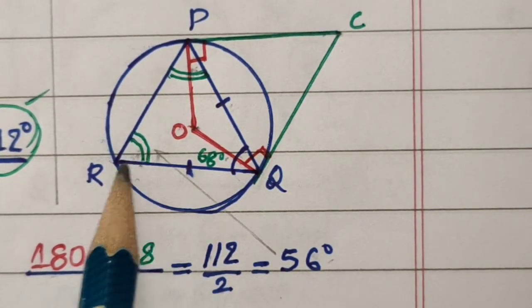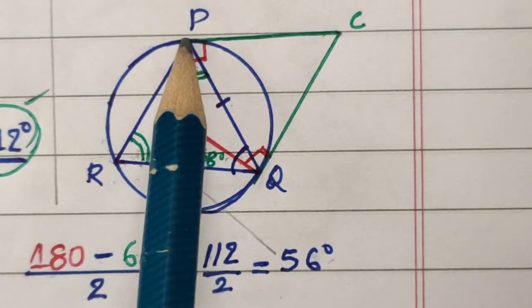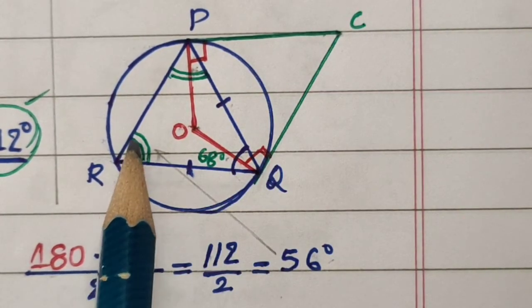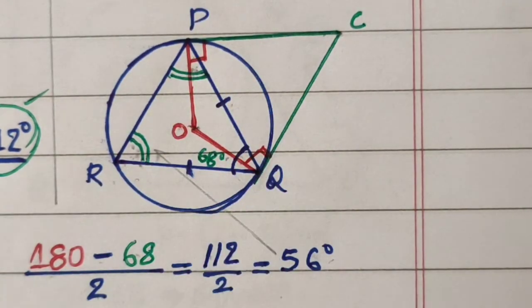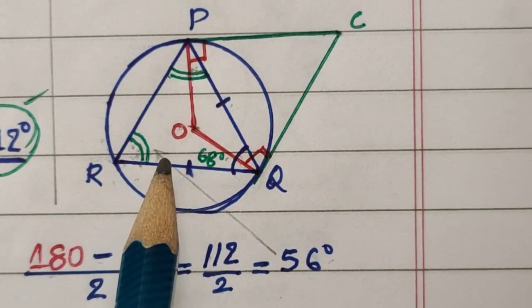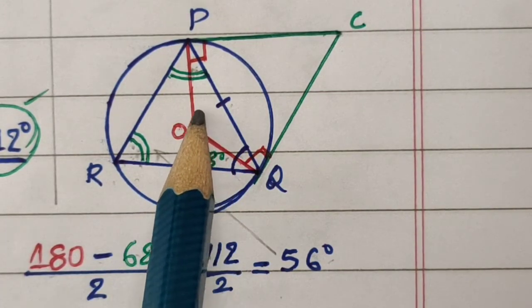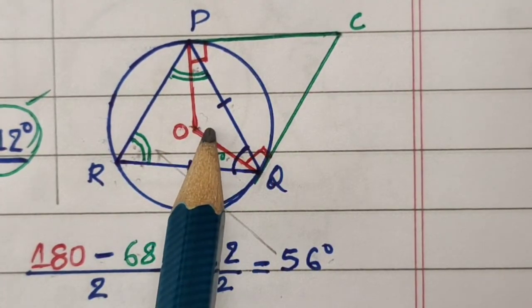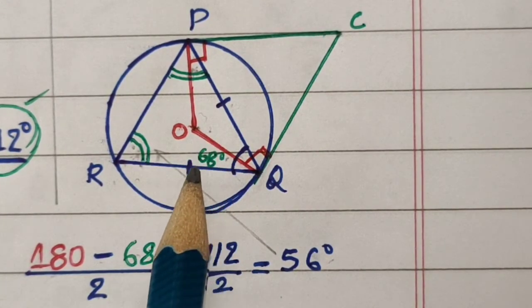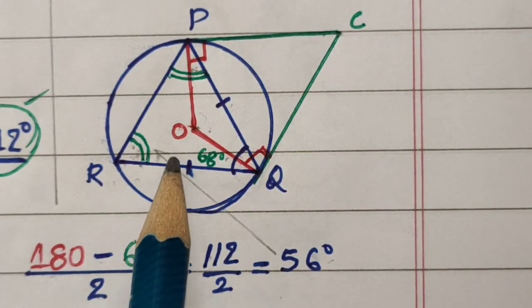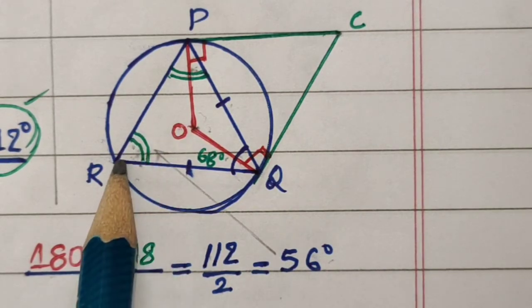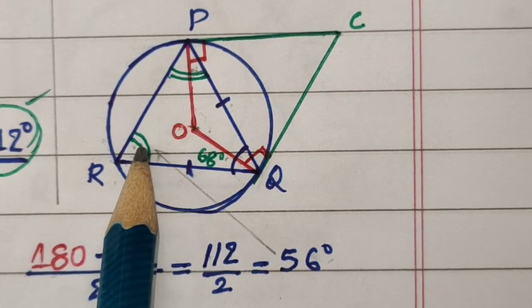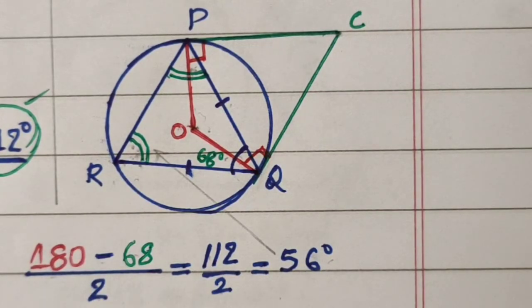Which is this angle? This is the angle made by this arc of a circle. We know that the angle made by an arc at the center is double the angle made by it at a point on the remaining part of the circle.